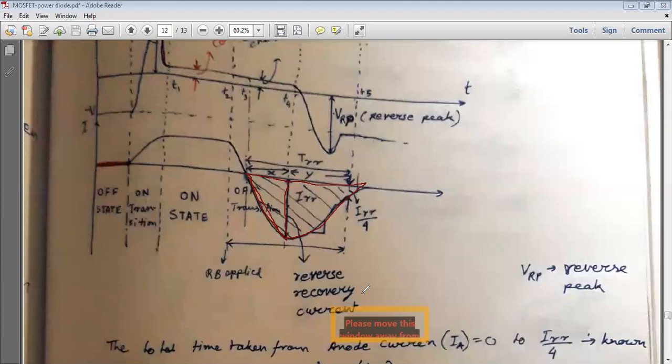Under this waveform there will be an average value. What we can get is half into magnitude into T on by T off. This is the actual average of the triangle.